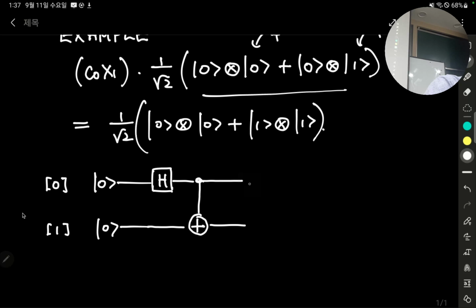And then I get this state. So whatever that is, it's right here.